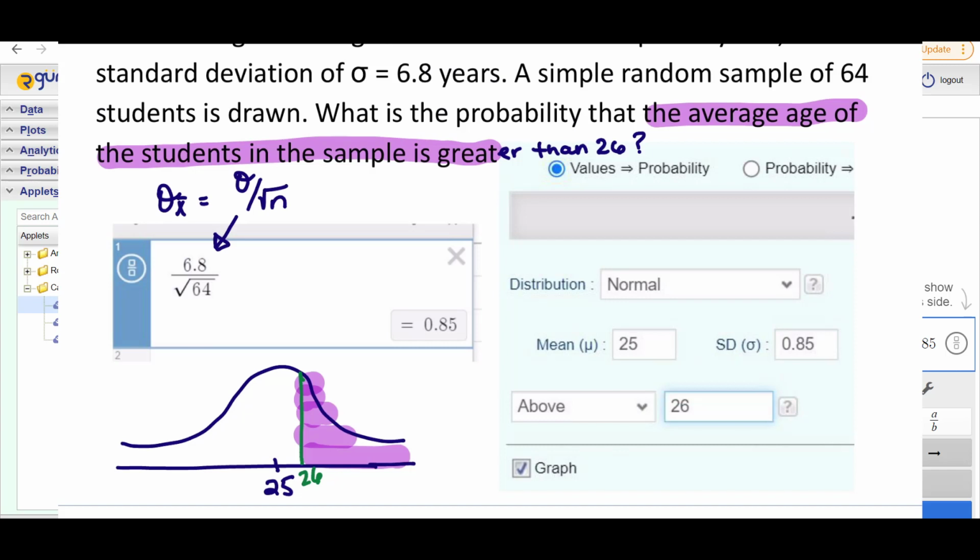So we can use the probability calculator, and we can do values to probability with a normal distribution. The mean is 25. The only difference here is you don't put in the standard deviation, you put in the standard error, which is the standard deviation divided by the square root of n.